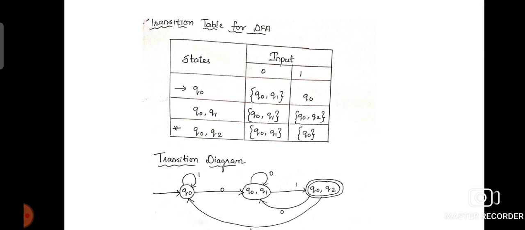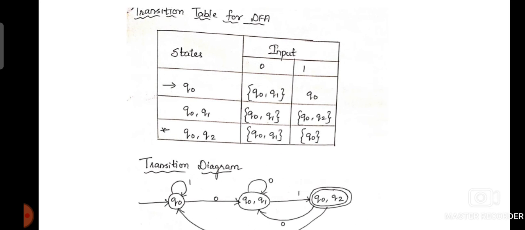After deriving this, we have to draw the table for the given DFA. We are going to reconstruct the NFA into a DFA. So in the table, we have to write the states as combinations, that is Q0, Q0 Q1, Q0 Q2. Inside the cells, we have to fill in the answers from the previous derivations.